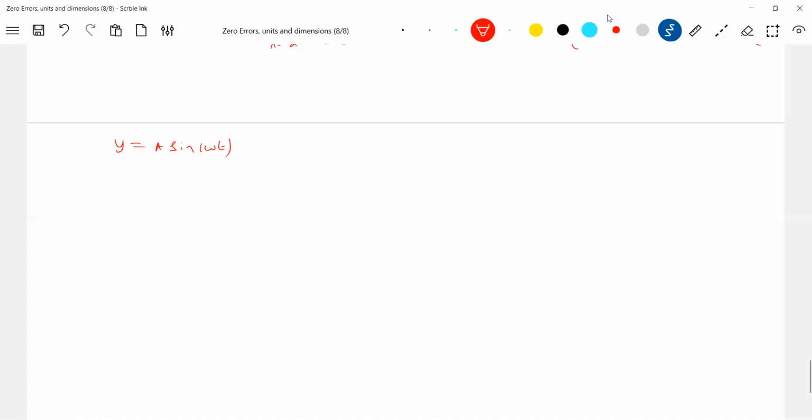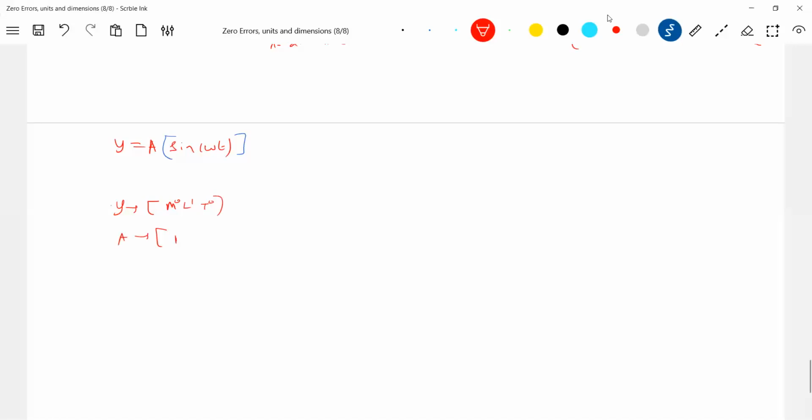So what about this quantity? The dimensions of y should be equal to the dimensions of a, and sine omega t should not have any dimensions. But omega should have dimensions reciprocal of time, 1 by t. So shall we write just the dimensions? The dimensions of amplitude are M0 L1 T0.